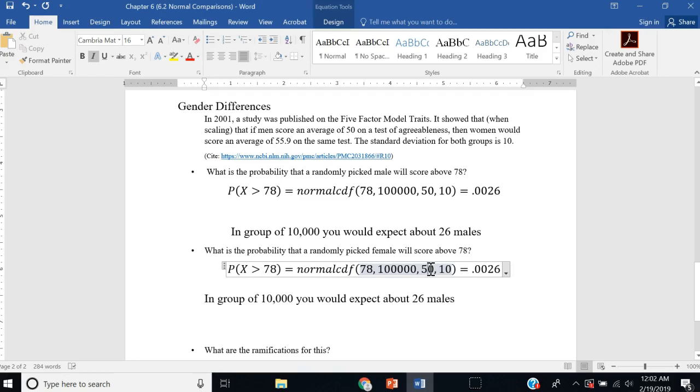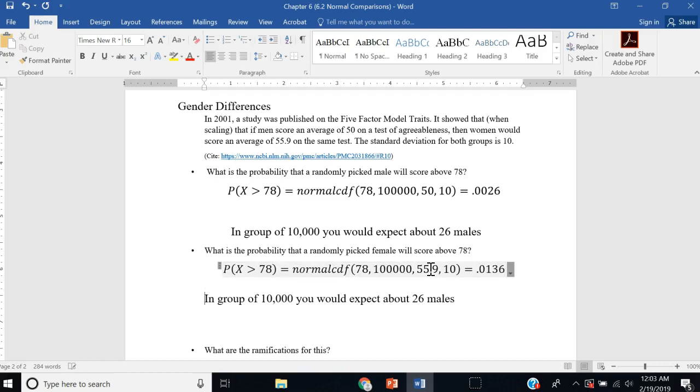Here we have 55.9 as the average, and 10 is still our standard deviation. And what you'll find is that the probability comes out to 0.0136.